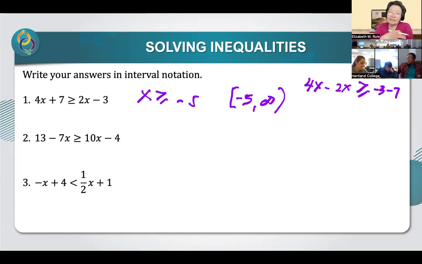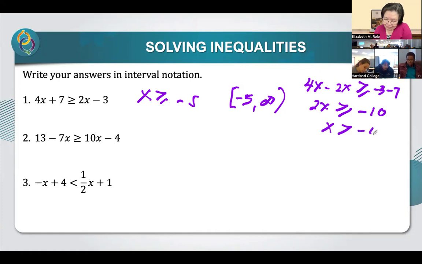Always put the x to the left-hand side. So 2x is greater than or equal to minus 10. You're dividing by a positive 2. You only change the sign if you're dividing by a negative value.